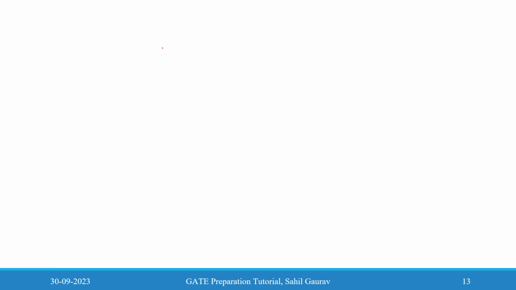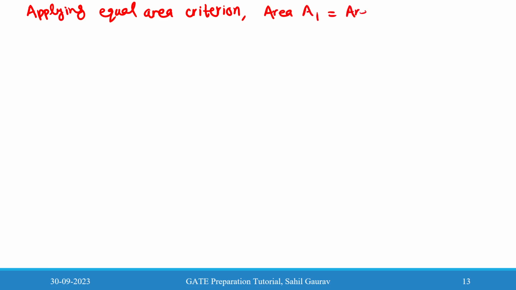So applying equal area criterion, area A1 is equal to area A2, so this will become Pm into delta c minus delta naught.